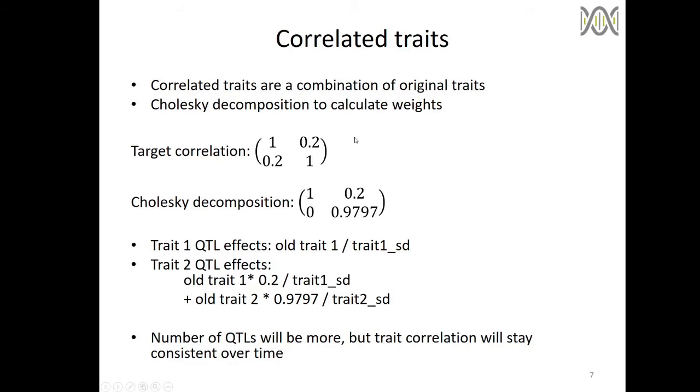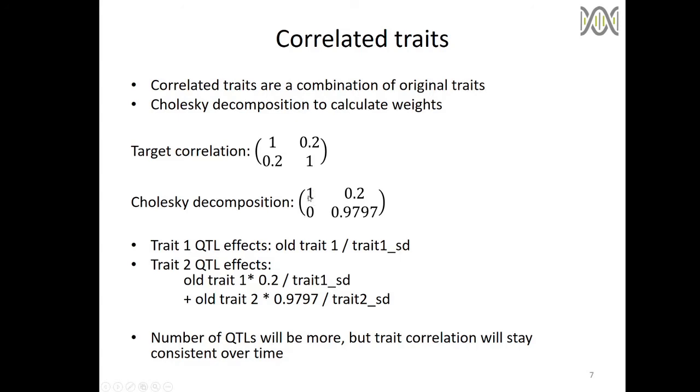This first off sounds a bit complicated, but in reality is more simple than you would first think. So if we are imagining having a target correlation of two traits of 0.2, we would first calculate the Cholesky decomposition like here, and next up calculate the new effects for trait 1 as the first column of this Cholesky decomposition.